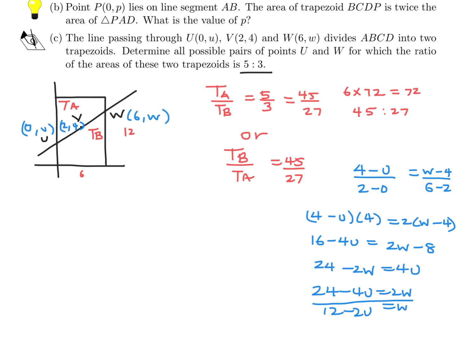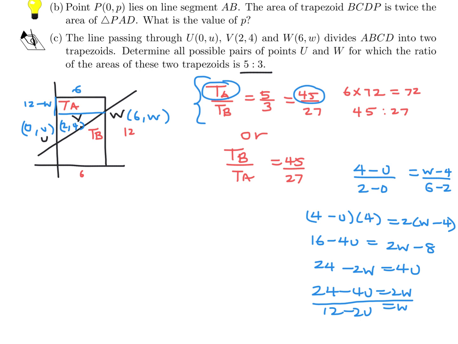Okay, so now I've got to figure out this one here. I'm working with this one. So TA is 45. How do I do this? Let me draw this imaginary line here, and this dimension is 6. From there to there would be 12 minus W, I believe.